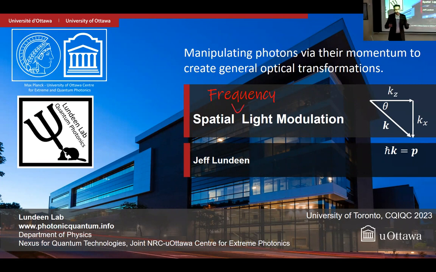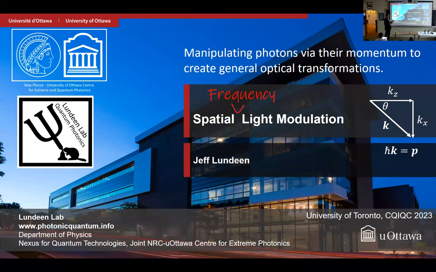Lambda sets a length in space, which is analogous to a period in time or a frequency. So 1 over lambda is the spatial frequency, a terminology that mostly comes out of electrical engineering. Spatial frequency relates to the transverse k, which relates to transverse momentum. And the other synonymous concept, if you're dealing with monochromatic light, is just the angle. So all 4 of those concepts are really the same thing.